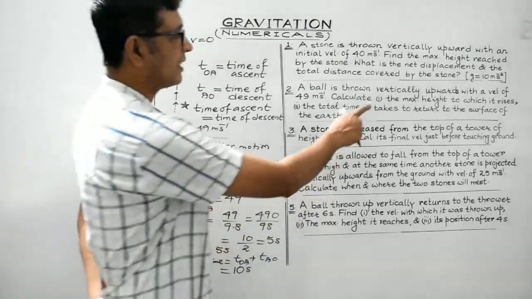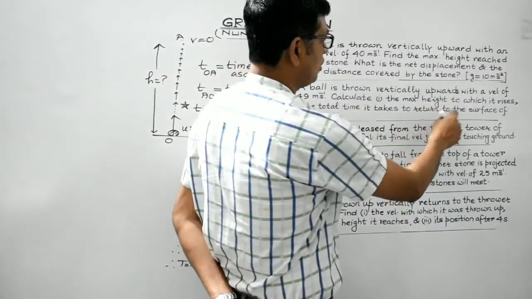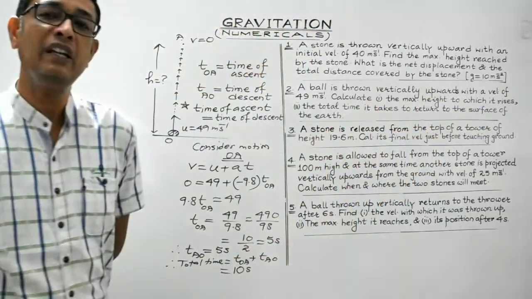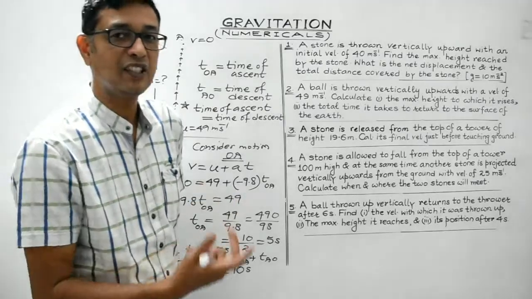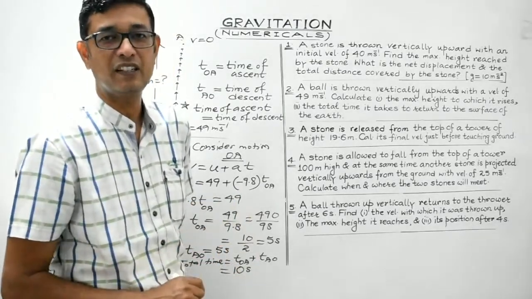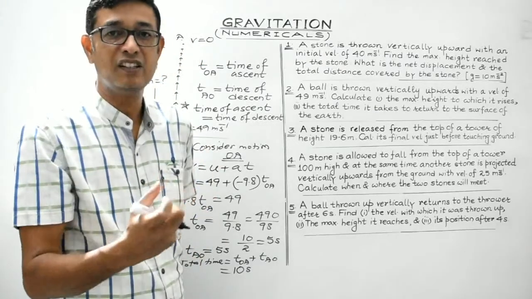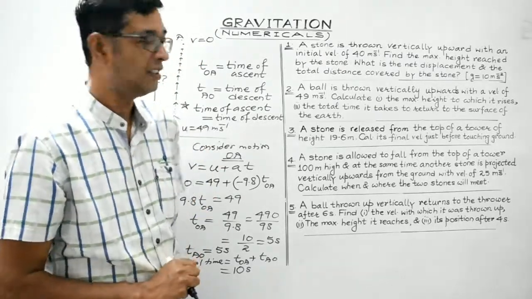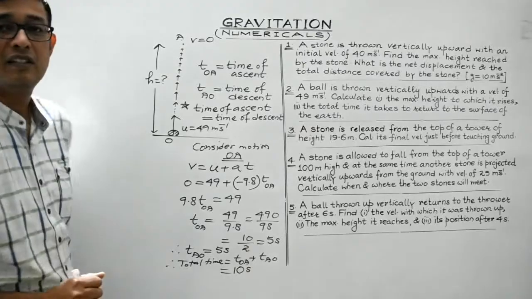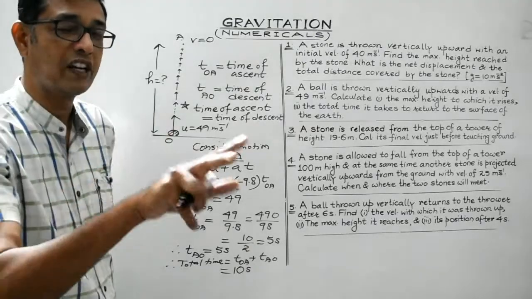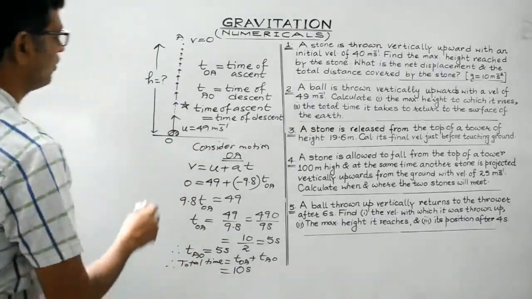So the total time taken by the ball to return to the surface of the earth would be 10 seconds. Time of ascent is 5 seconds, time of descent is 5 seconds. So the total time of flight, the time during which the ball stays in air, would be 10 seconds. Now the same part can be done in an alternative way as well. We'll discuss that also, right?